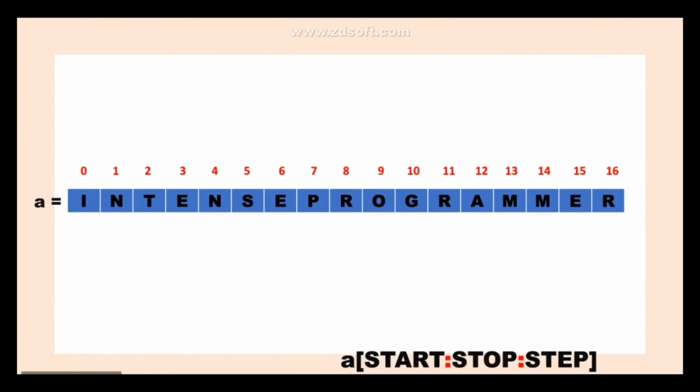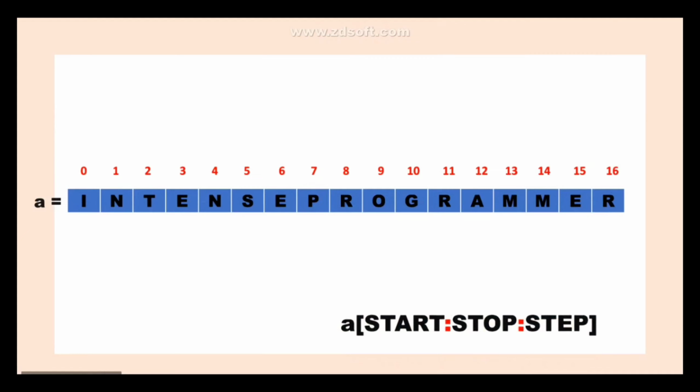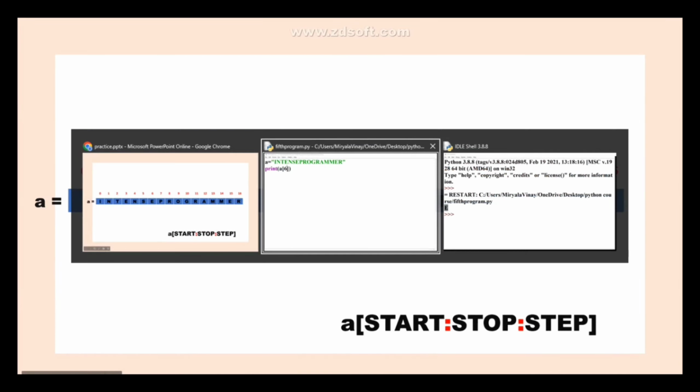Coming to the main part, that is string slicing. String slicing mainly consists of three values: start, stop and step. Before the first colon is the start value, and after the first colon is the stop value, and then there is step also.